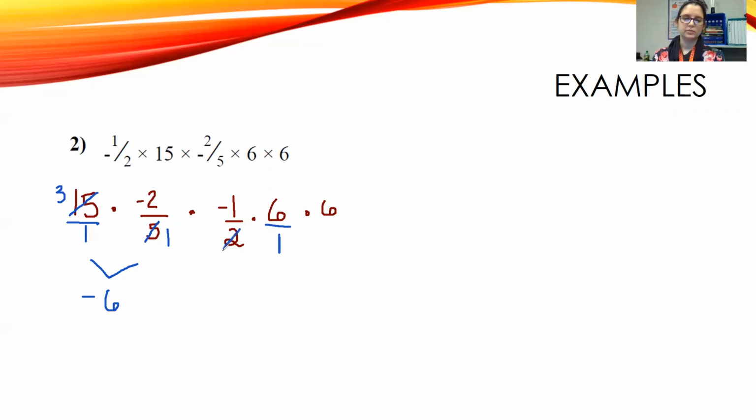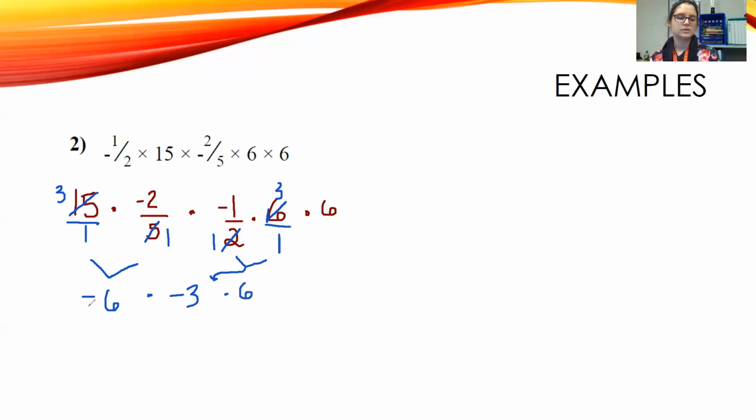I'm going to simplify. 2 will go into 2 one time. 2 will go into 6 3 times. -1 times 3 is -3. 1 times 1 is 1. However, I'm not going to include the 1 in my denominator. So in case you lost where it went, and then I'm bringing down my extra 6.